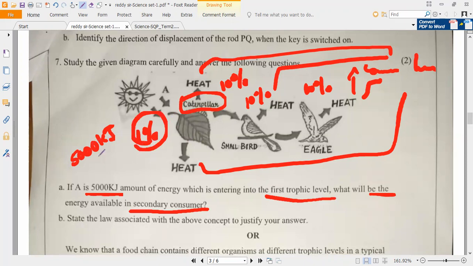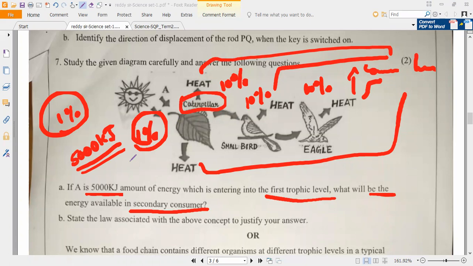So 1% of 5,000 kilojoules, how much is it? Anybody can tell me? Please respond and tell me. Calculate it and tell me. Karthikeyan, entering A is 5,000 kilojoules, but plants will absorb only 1%. 1% means how many joules?